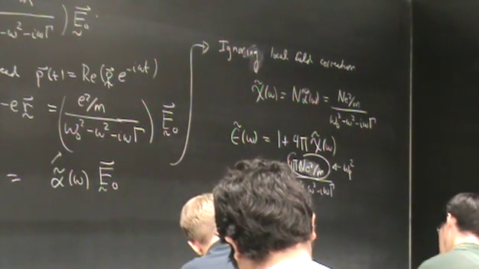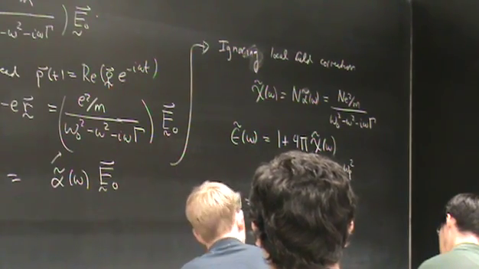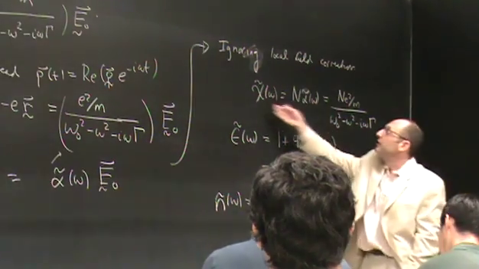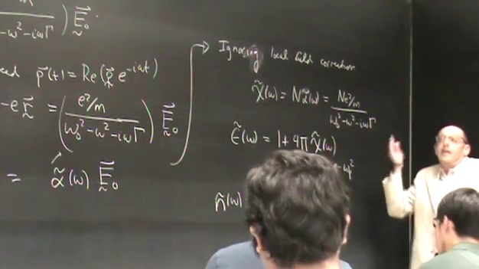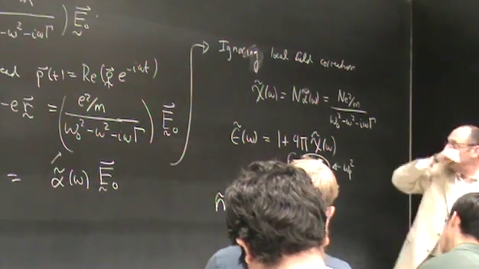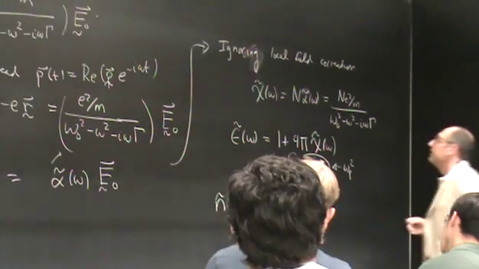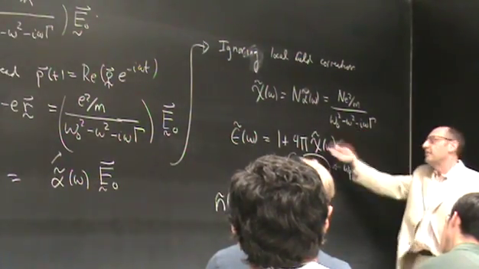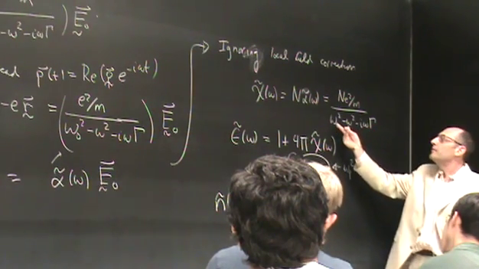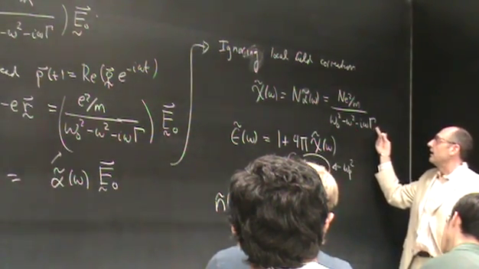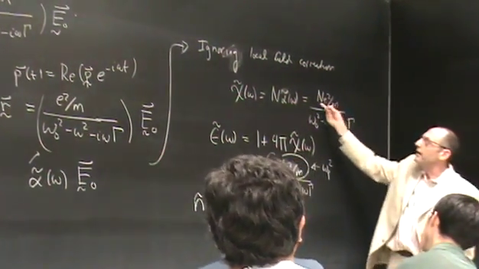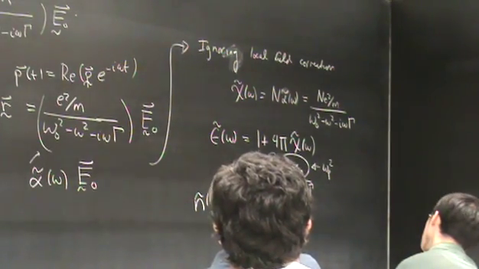All right. So this is an example of a constitutive relationship that gives us the relationship between the response and the material properties. It depends on the nature of the material itself. In this case, we've narrowed it down to just 2 parameters because we thought about it as a harmonic oscillator determined by omega naught and gamma, and of course, in addition, if we have some density of those molecules, the density determines the mass.